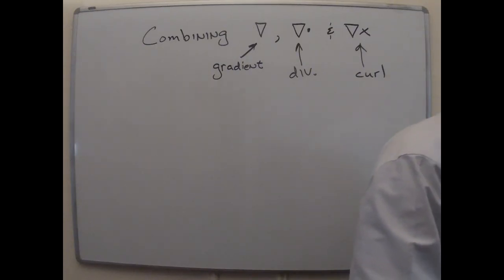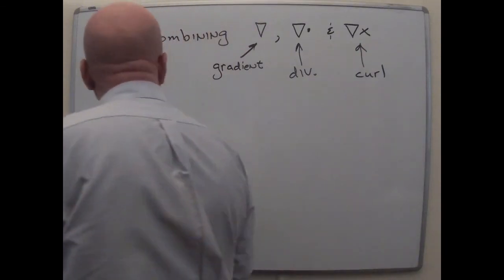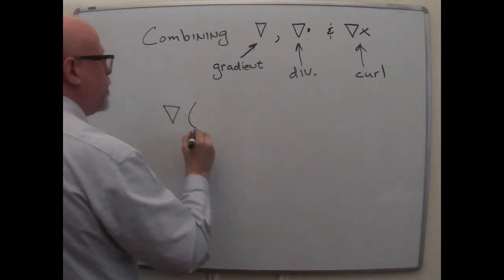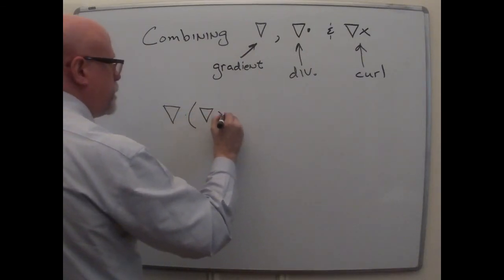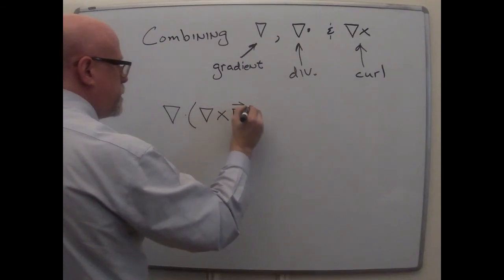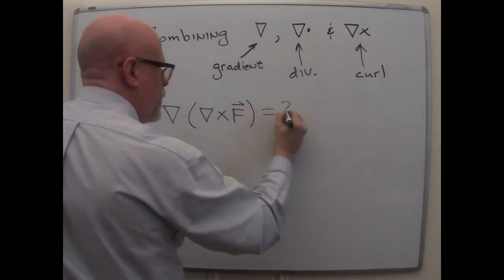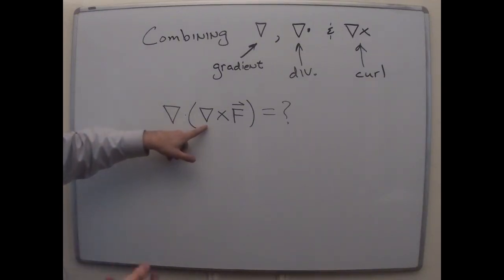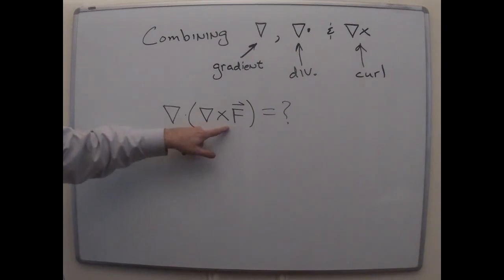For instance, what if I tried to take the gradient of something that was a curl? What would that be? Well, it's just undefined, because think about what sort of shapes things have. This is going to be a vector, right?